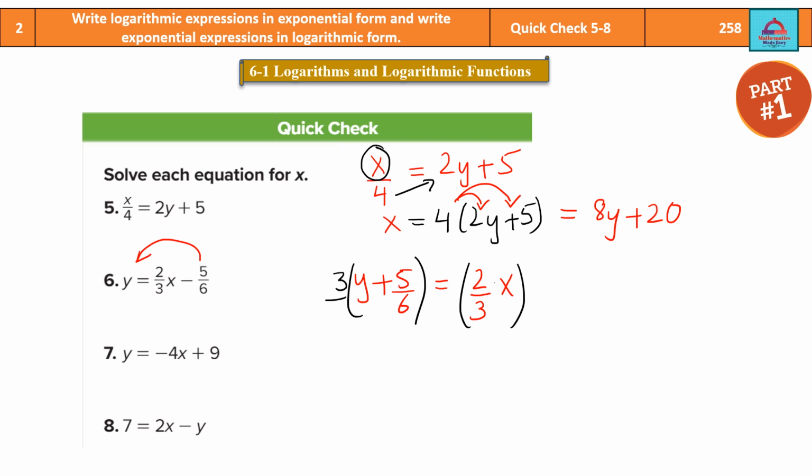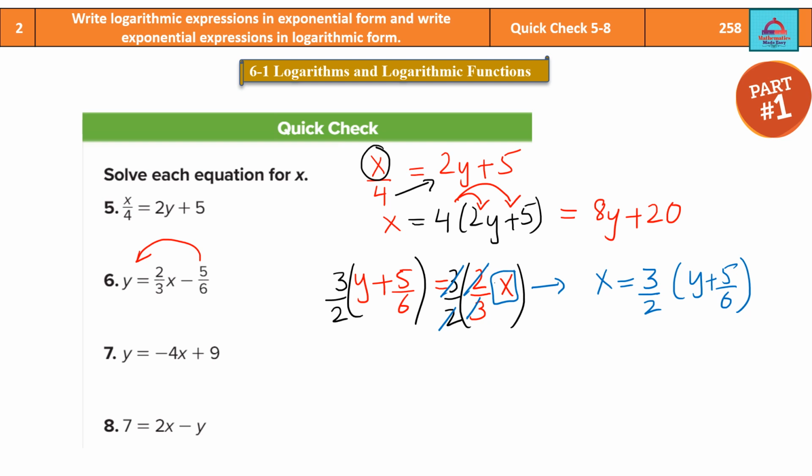So it is going to be 3 over 2, 3 over 2. I hope you're able to understand why I've multiplied with 3 over 2, because I need to isolate my x and I will cancel 3 with 3, 2 with 3. So this is going to be x equal to 3 by 2 times y plus 5 by 6. Now you can also open the brackets and multiply as well.